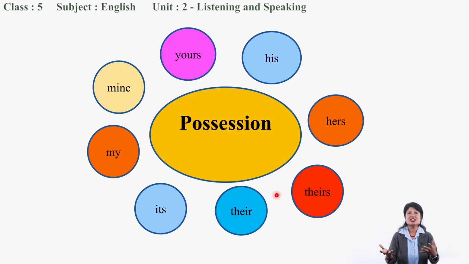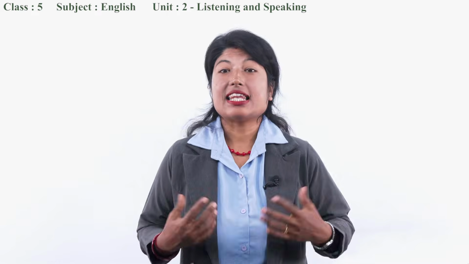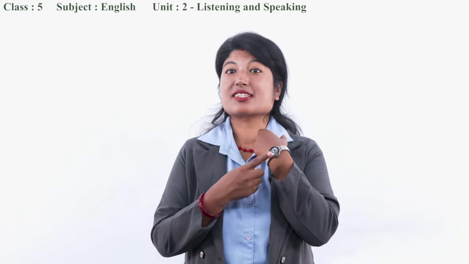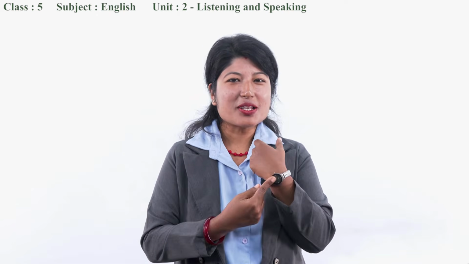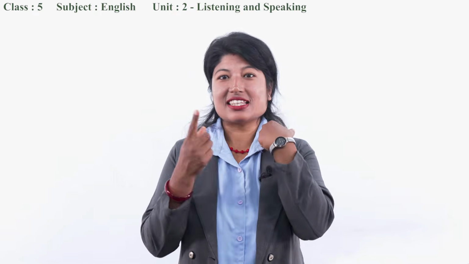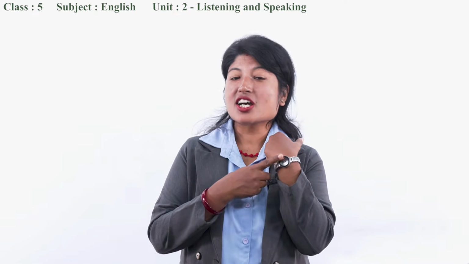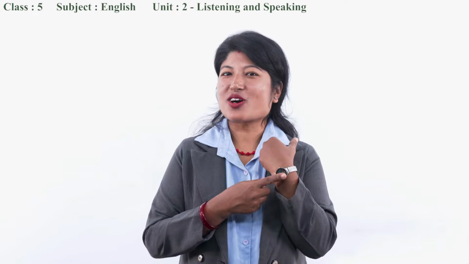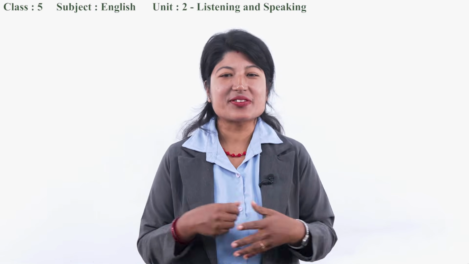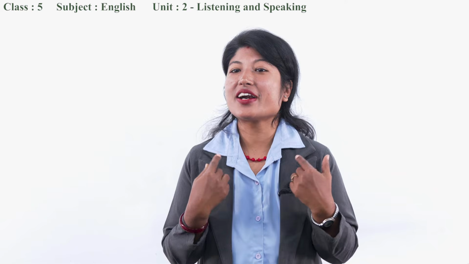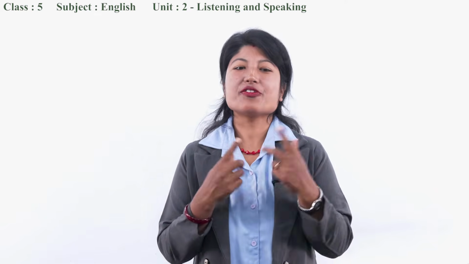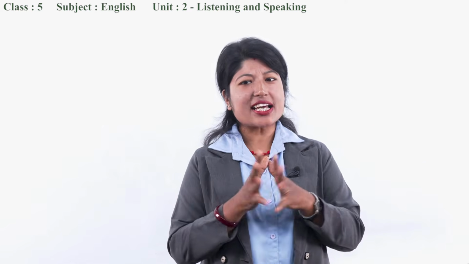It shows belongingness, right? Like, this is my watch. That means this watch belongs to me, right? This is my watch. Or we can say this watch is mine, right? We can use such words to show our belongingness. We will talk about these words later on as well.